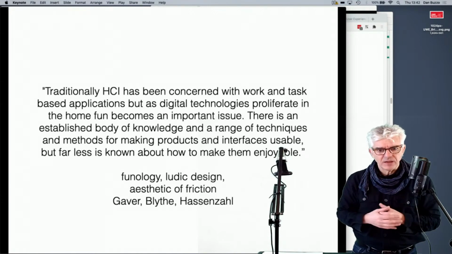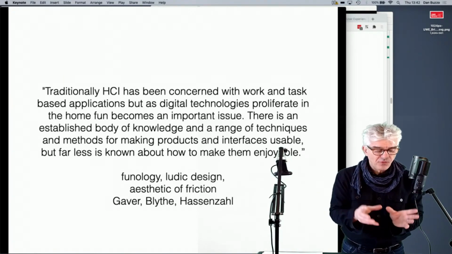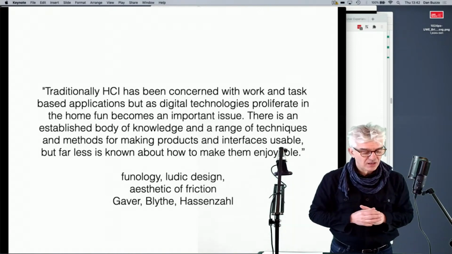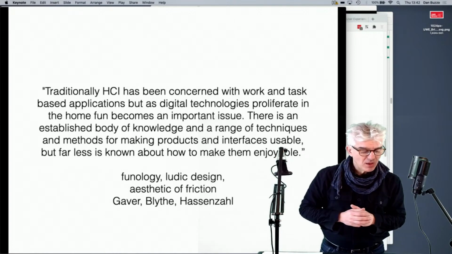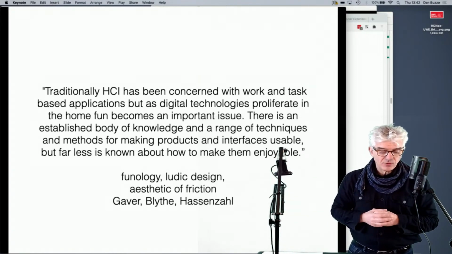They do say that life is too important to be taken seriously, but this idea, fun, has become an important issue. And there's an established body of knowledge and a range of techniques and methods for making products and interfaces usable, but far less is known about how to make them enjoyable.